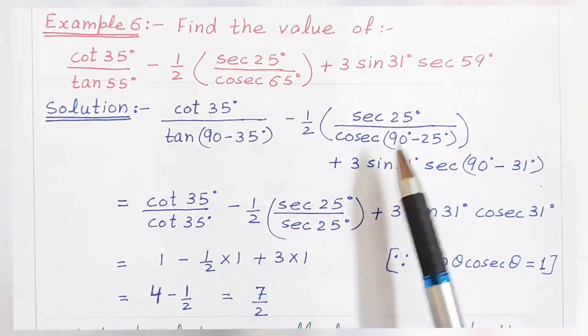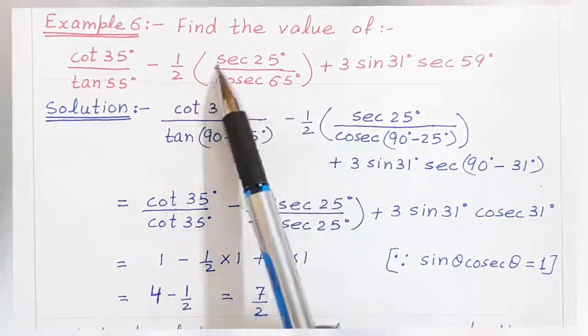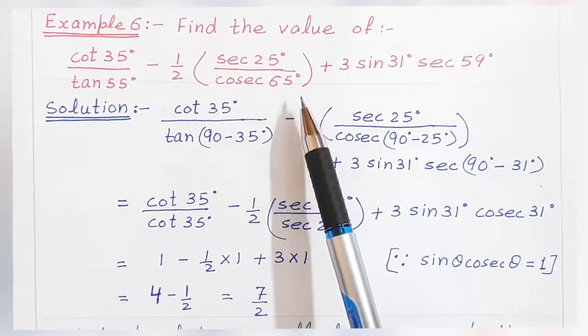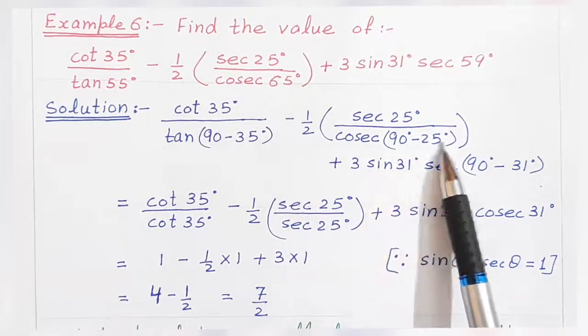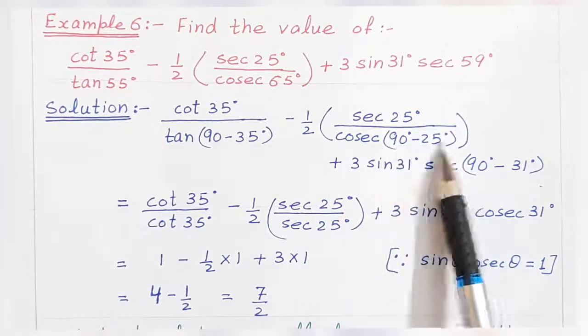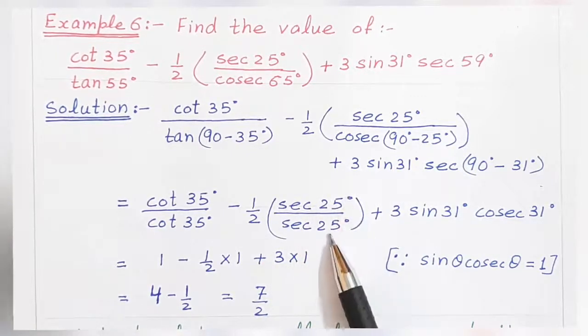Clear? Now see next. Half as it is, secant 25 degree upon. Now cosecant 65. 65 is 90 minus 25. So cosecant 90 minus theta is secant theta. Now here also secant 25 and secant 25 will get cancelled.